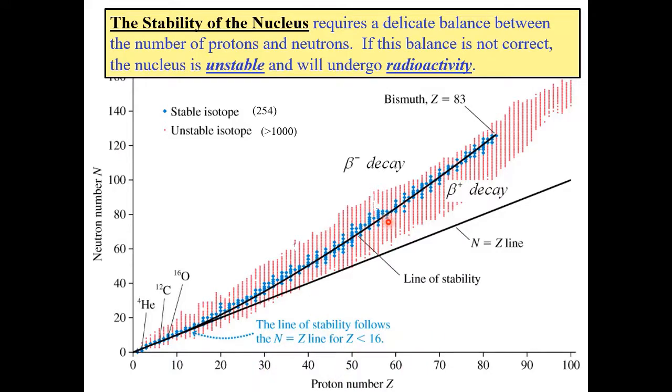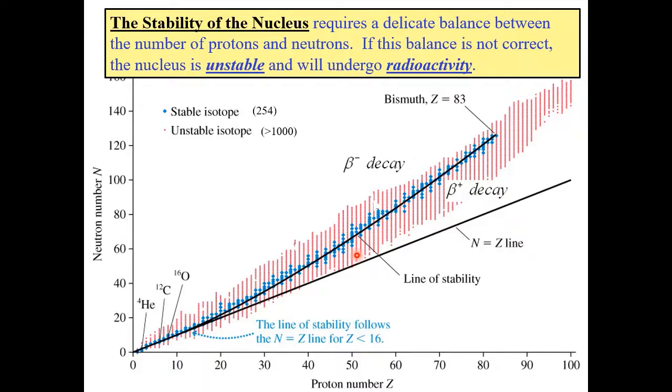All the red dots are unstable nuclei, and there are more than 1,000 of them, and they don't have the right balance. These up here have too many neutrons, and the ones down here below the curve have not enough neutrons. In other words, there are too many protons.